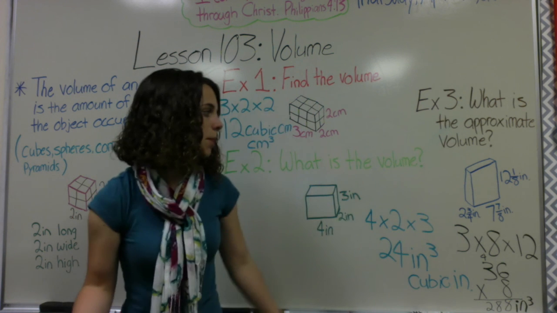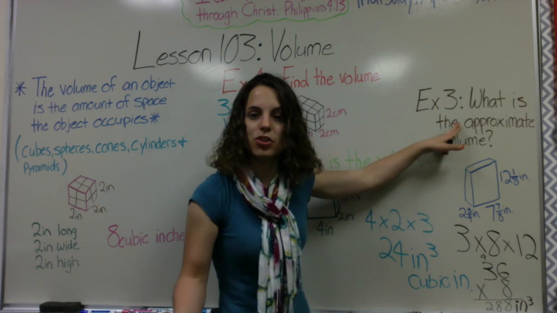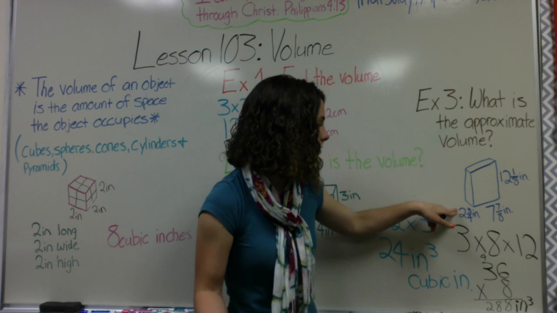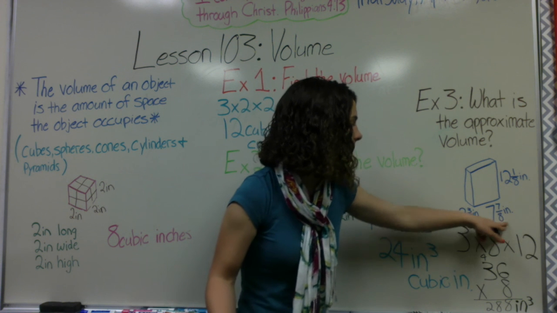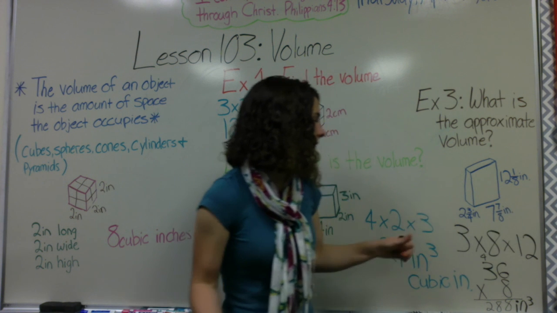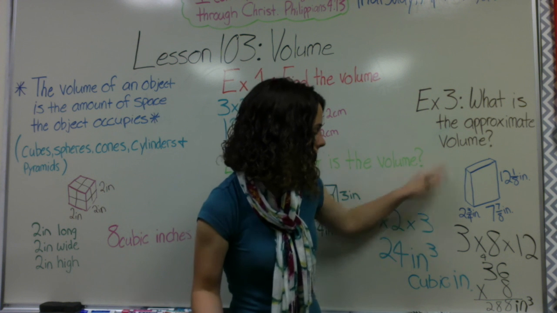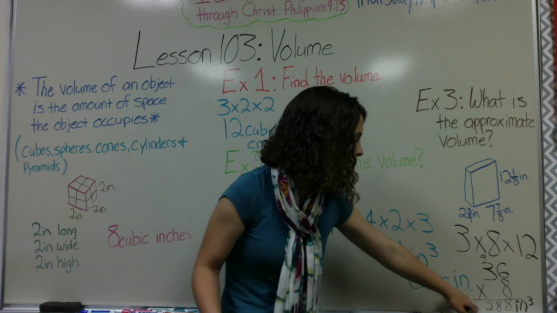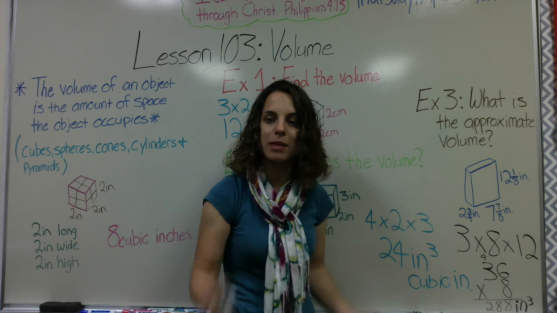That would be the approximate volume. Approximate means you're estimating. We rounded my lengths first, to the nearest whole number, and then I multiplied the 3 different lengths together, my length times width times height.